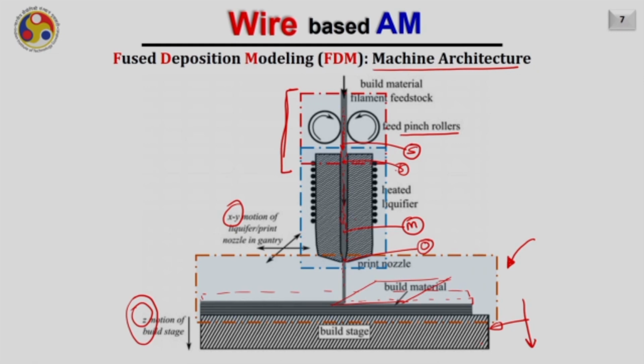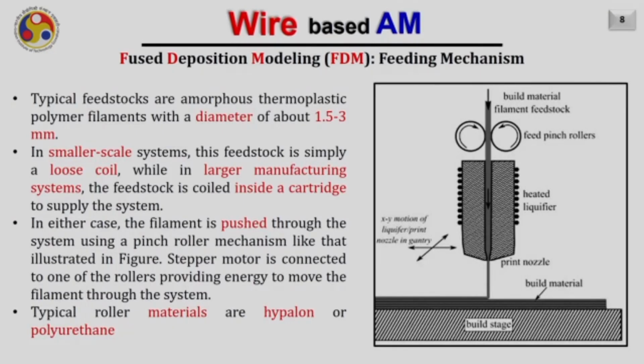Now let us try to understand how this pinch roller mechanism and the liquefier work efficiently to extrude the polymer material through a tiny orifice. The typical feedstock, as already mentioned, is amorphous thermoplastic polymer filament with a diameter of around 1.5 to 3 millimeters in the case of FDM.